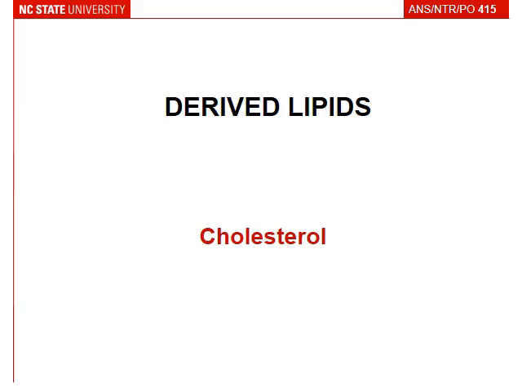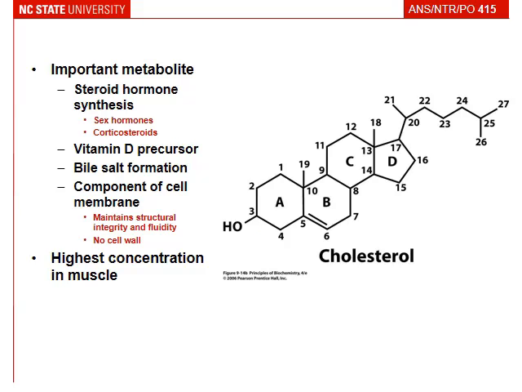Next, we're going to talk about our derived lipids, focusing first on cholesterol. Cholesterol is probably one of the most misunderstood and wronged lipid compounds. So it really has a bad rap, but it's very critical. It's a very important metabolite.